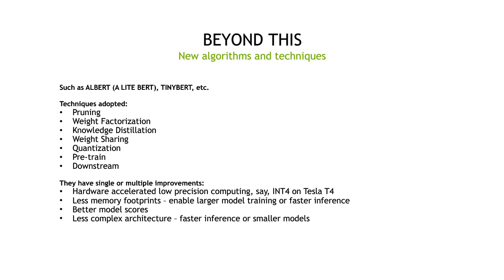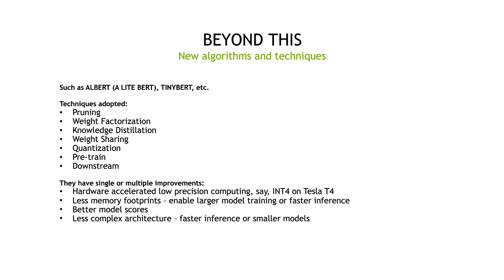Beyond this, I think there are a lot of new algorithms and techniques such as ALBERT, LightBERT and TinyBERT, and a lot of other BERT variants. Techniques adopted here might be pruning, weight factorization, knowledge distillation, weight sharing, quantization, pre-training, and paying attention to the downstream tasks. They have single or multiple improvements, such as hardware accelerated low precision computing.